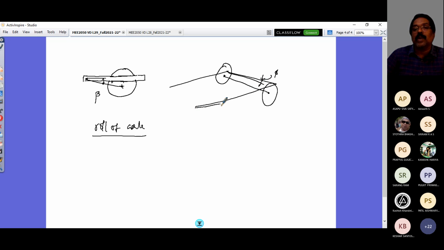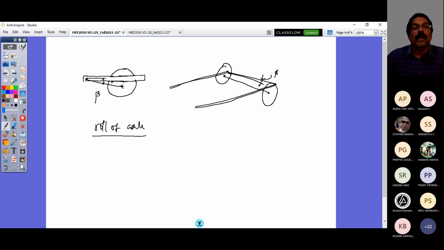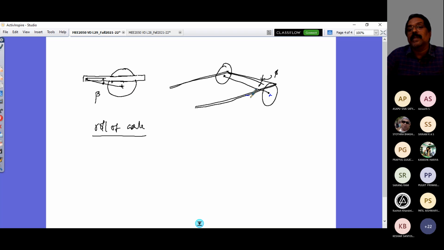I have drawn the platform of your vehicle's rear portion, and this is the axle, and I have my trailing arm here like this. This is my trailing arm and this is my trailing arm here. As the axle rolls in this direction, the platform rolls in this direction.